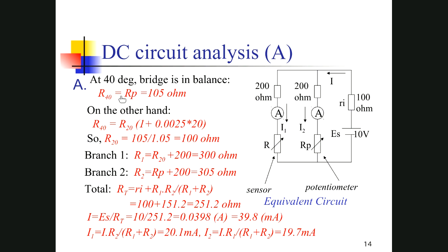So that means at 40 degrees, RP is 105 ohms, and R at 40 degrees is also 105 ohms.